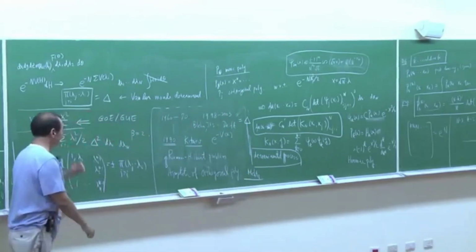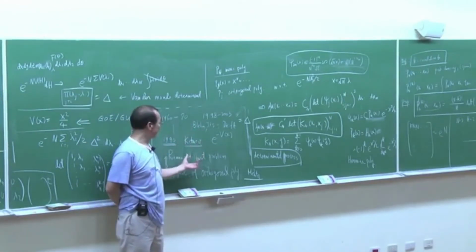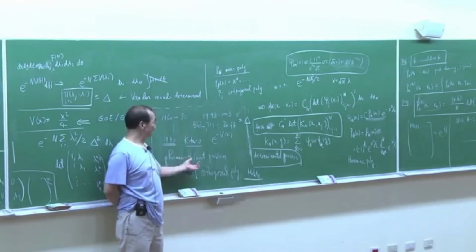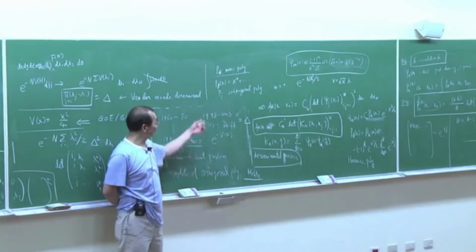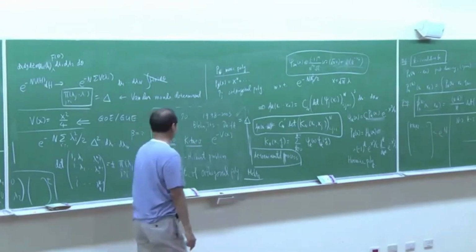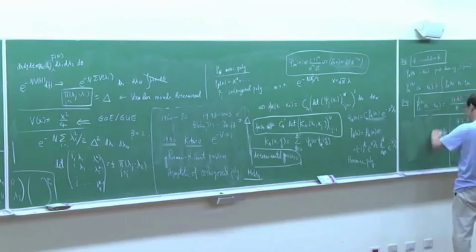So the whole study of random matrices becomes based on this idea of using Riemann-Hilbert problems to study the asymptotics of orthogonal polynomials. Now, this approach has some problems.